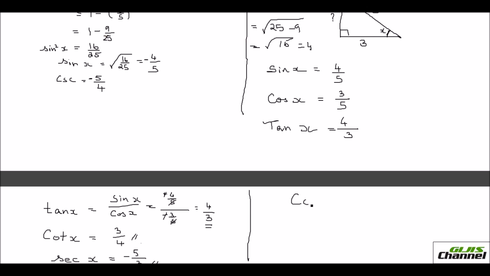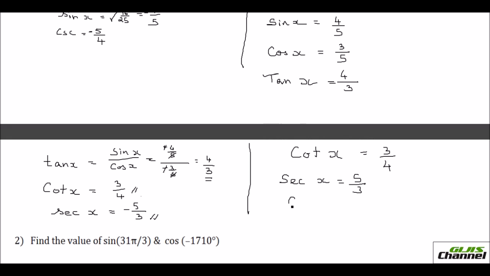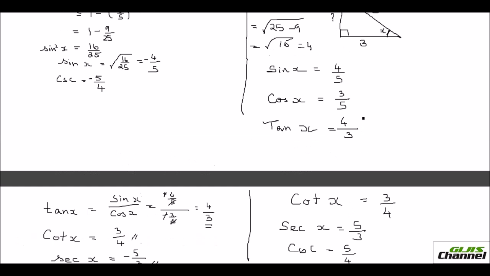Your cot x would be adjacent over opposite. Secant is reciprocal of cos, so that's 5 over 3, and your cosecant would be the reciprocal of sine, which is 5 over 4. Now you need to fix the signs. Since it is in the third quadrant, your tan and cot are positive. The rest you can put as negative.